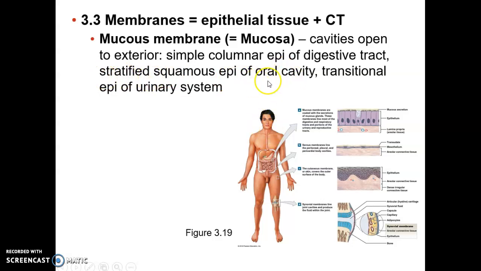Think of chewing up tortilla chips, which are abrasive. And then in the urinary system, remember there's a transitional epithelium, but there's an underlying connective tissue. And mucosa, because they are wet, moist, because there are glands that secrete usually mucus.